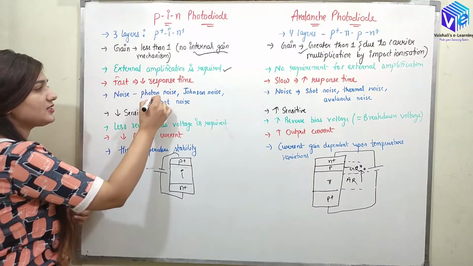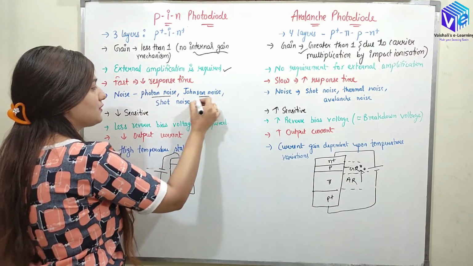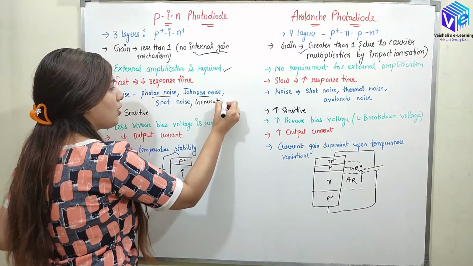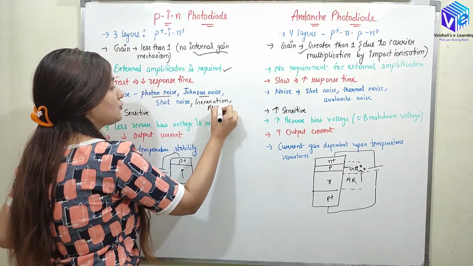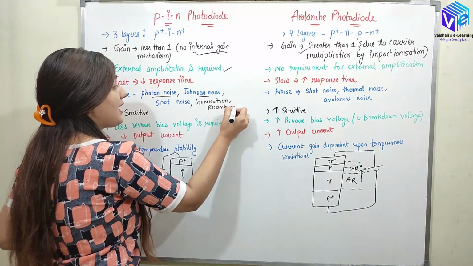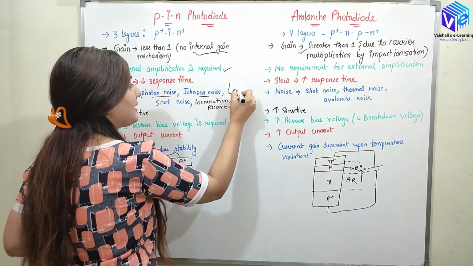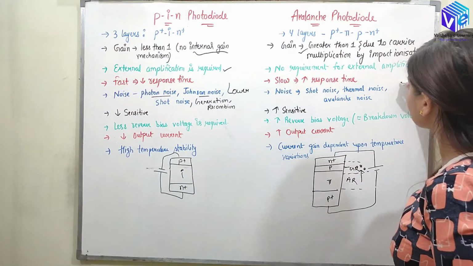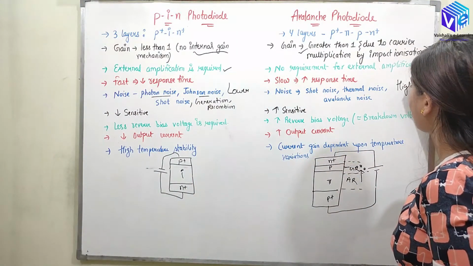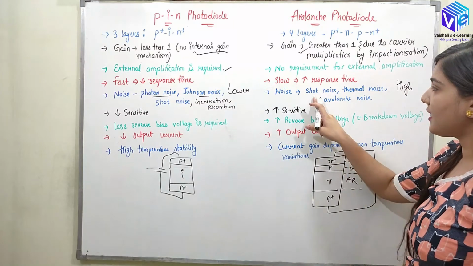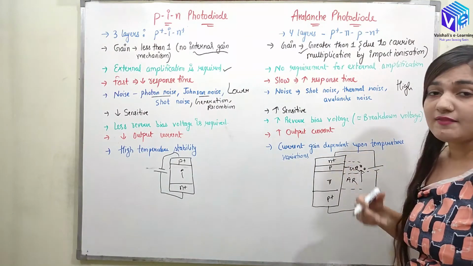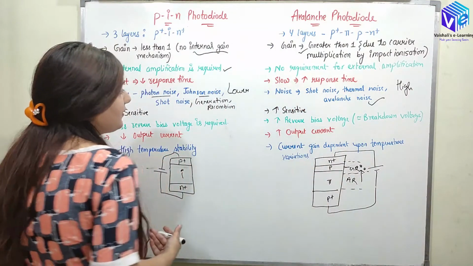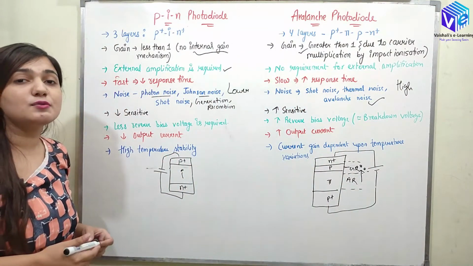Now the noise in the PIN diode is generated due to photon noise, Johnson noise, shot noise, and recombination noise as well. All of these noises, if I add them up, are comparatively lower than the noise in the Avalanche photodetector. Those are high noise. Here we have shot noise, thermal noise, and avalanche noise, of which the avalanche noise is the biggest because we are getting the noise with the gain.